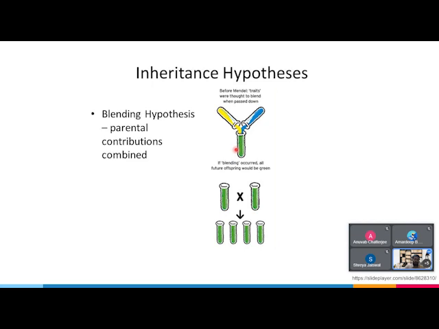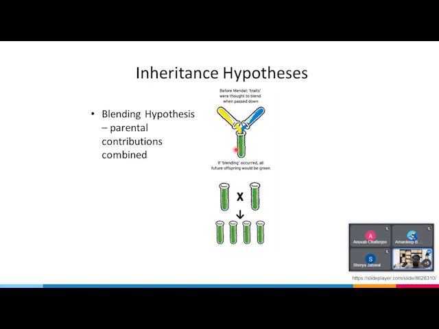But in some cases, this hypothesis still works, like in case of the height of the individual, where a huge number of genes contribute towards the final expression or the final phenotype of the height.